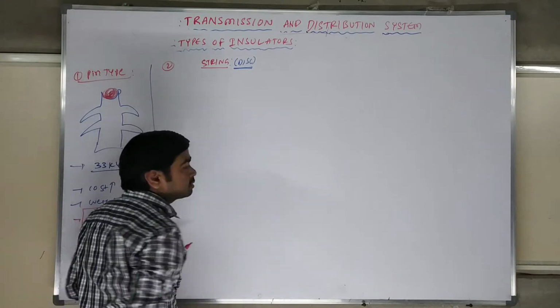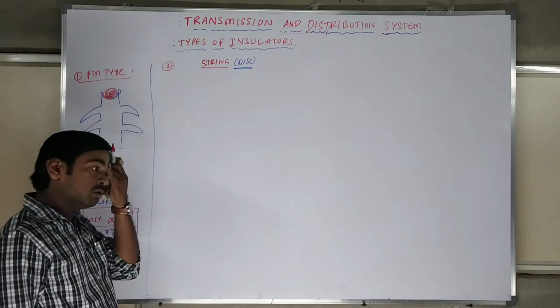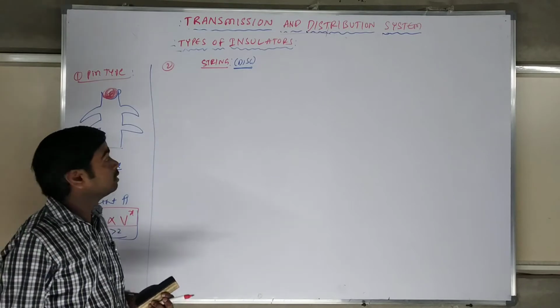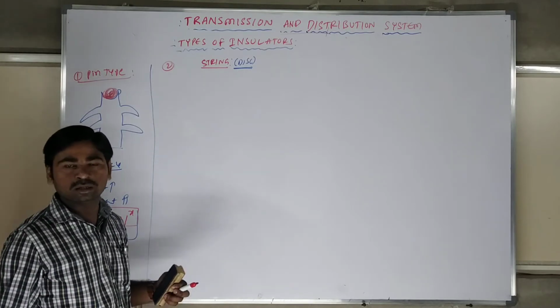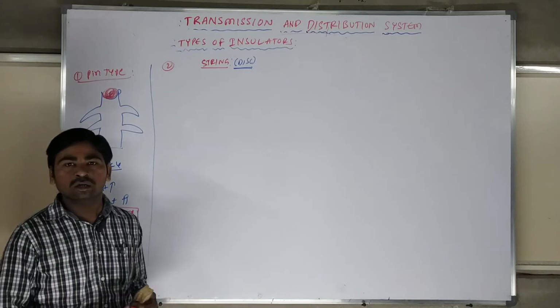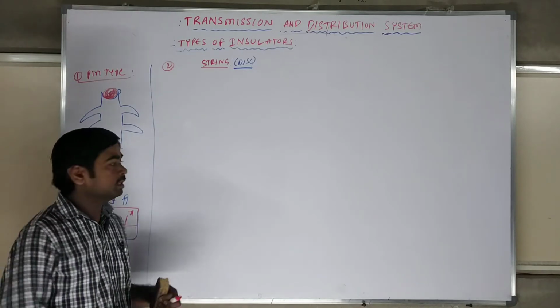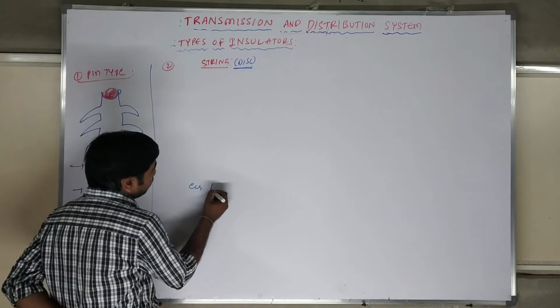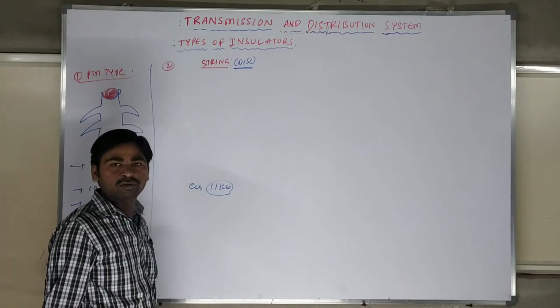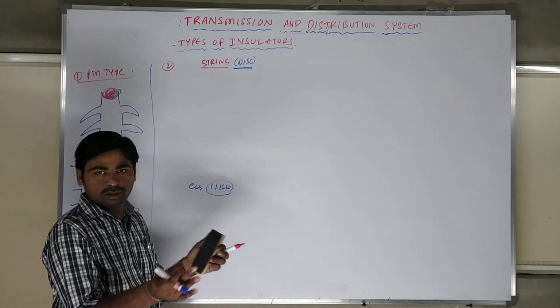In this, you take individual discs and connect a number of discs in different fashions. Each disc possesses 11 kV. So if you need n times 11 kV, that many discs are attached.